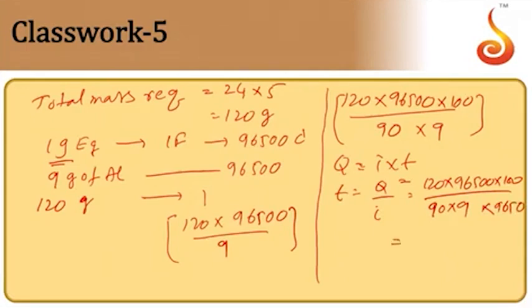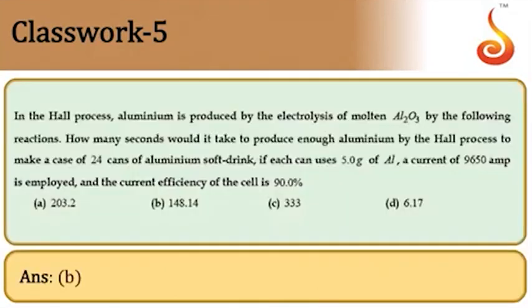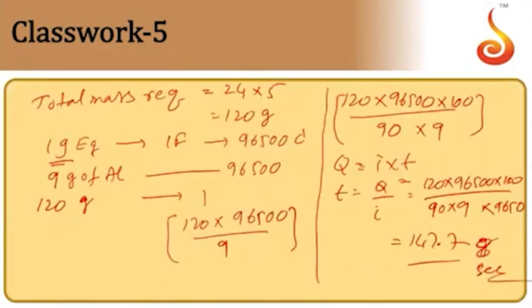Simplifying this, we get the answer 147.7 seconds. So many seconds you have. This much time is required altogether. So let us see the options. 147.7, so it is there as 148. We can go for that answer. So in this problem, we found out the total mass of aluminum required, multiplying the mass of each can into the total number of cans which you require.